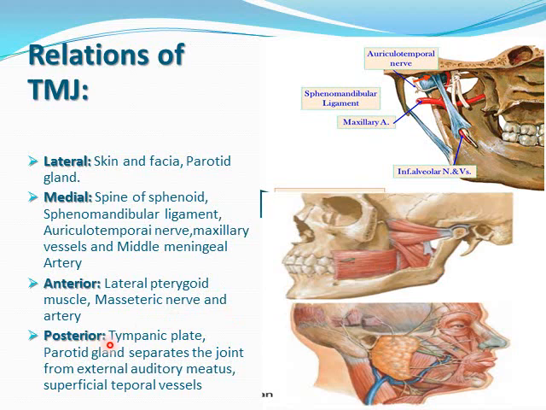While posteriorly, temporomandibular joint is related to the tympanic plate. Here you can see posteriorly the tympanic plate, and the parotid gland separates the temporomandibular joint from the external auditory meatus, and there is also superficial temporal vessels.